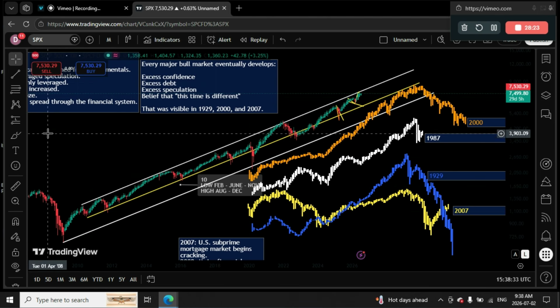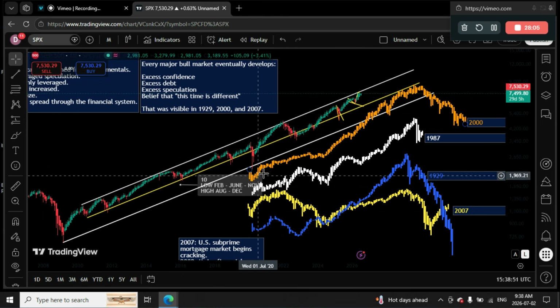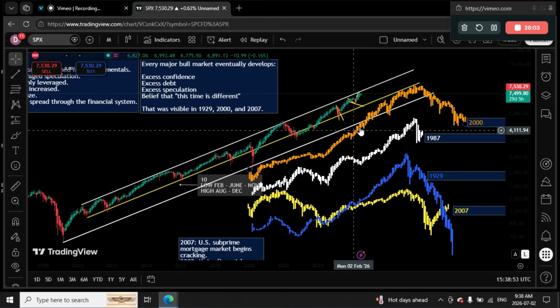I used the bars pattern. So if you want to go on your chart and do the same thing, I'm asking that you do the same thing. This is how we develop patterns and figure out what's going on in history. So bars pattern is the type of indicator that I'm using here.